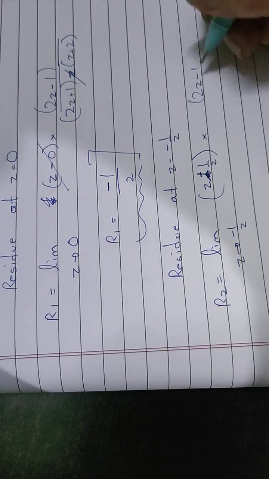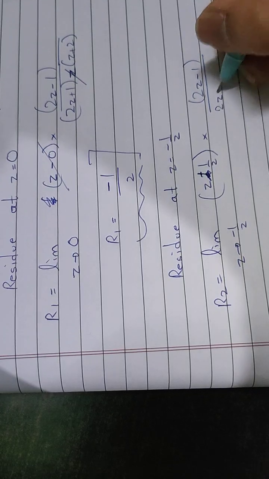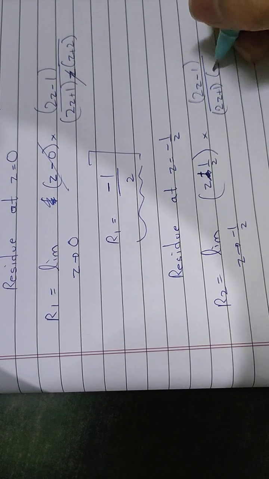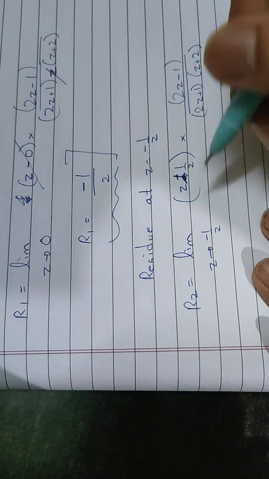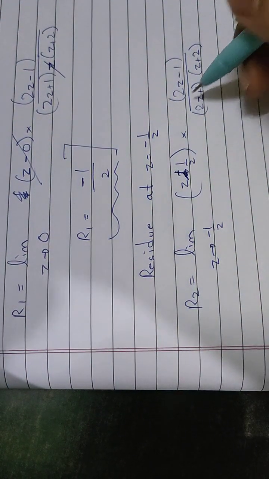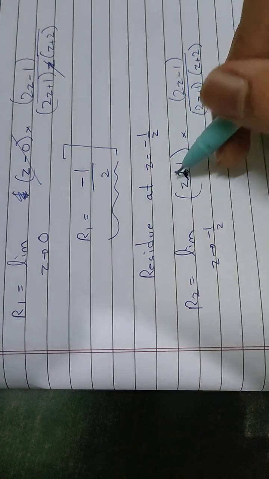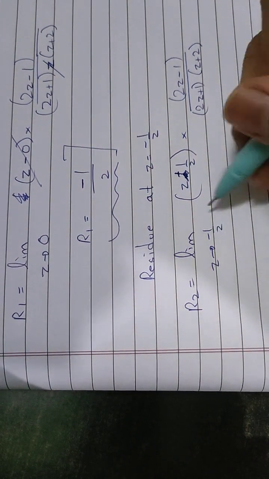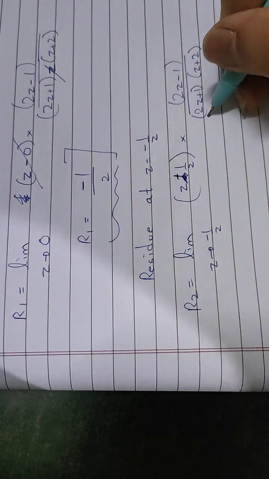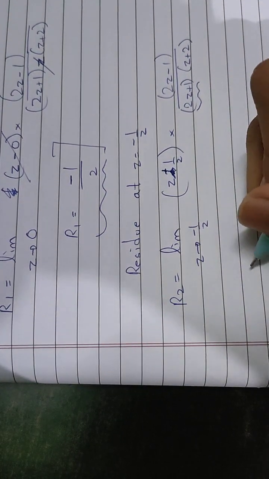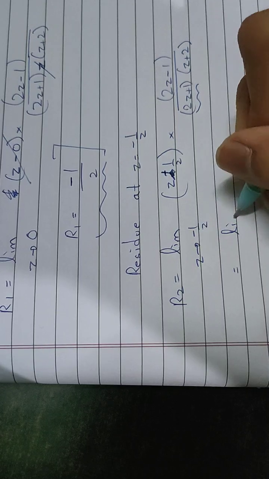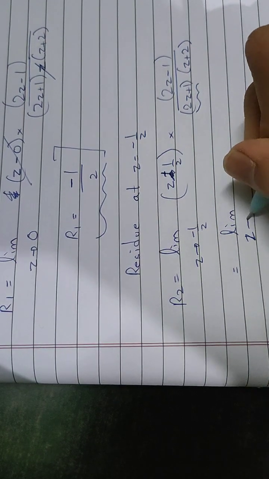Minus of minus is plus, so z plus half. However, if you look at our function, we have 2z plus 1, so we need to reduce it in such a way that we can cancel this term out. Only then can we put the limit minus half. If we take 2 out common, we should be able to cancel it out. Let's have a look.